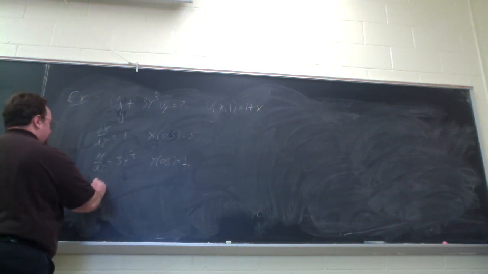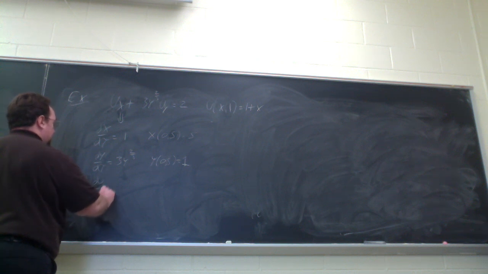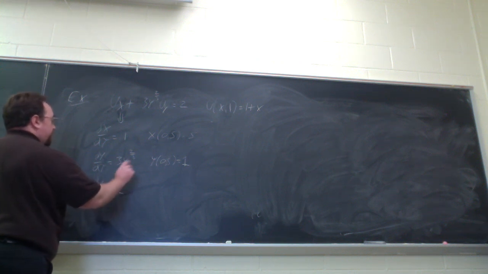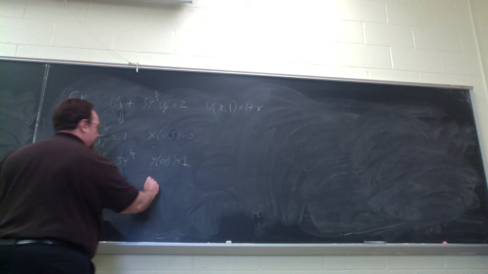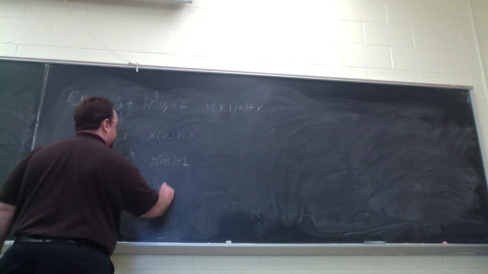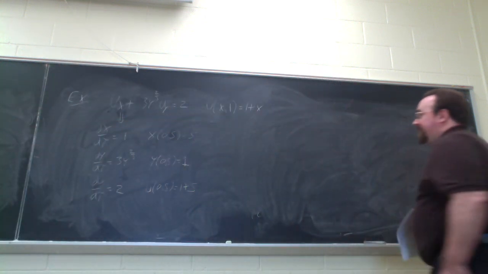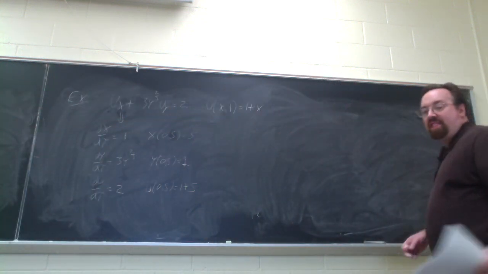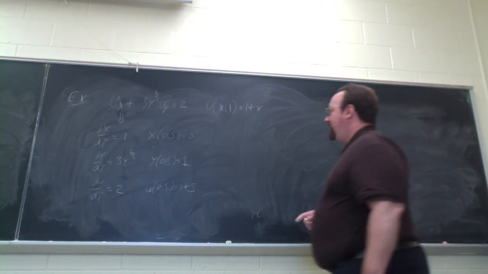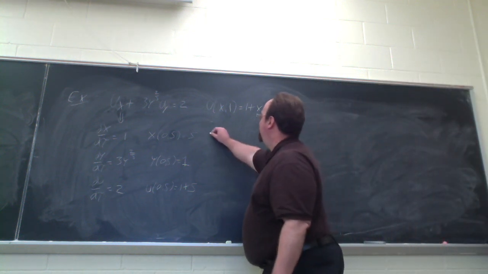Finally, du/d tau is equal to 2, just the right-hand side, and u of 0, s is equal to 1 plus s. Two of these equations are easy to solve, thankfully.